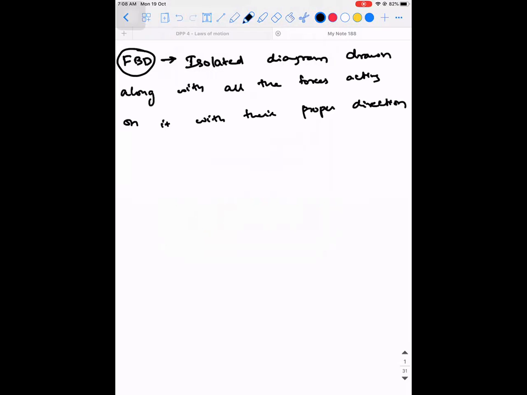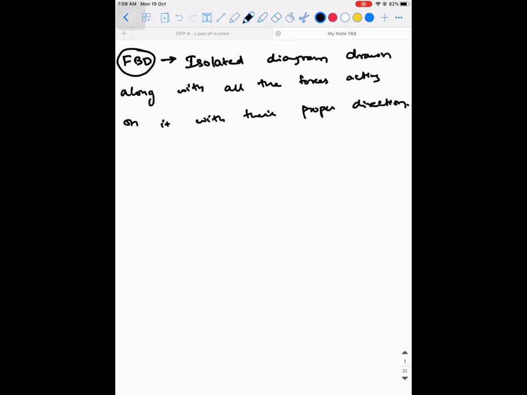An isolated body along with all the forces acting on it along with their proper direction is what is called a free body diagram. And we all know that this is very, very important. This year also I would have used it in many places. I would have told you to draw a free body diagram of this to understand. So I hope you have an idea about it.